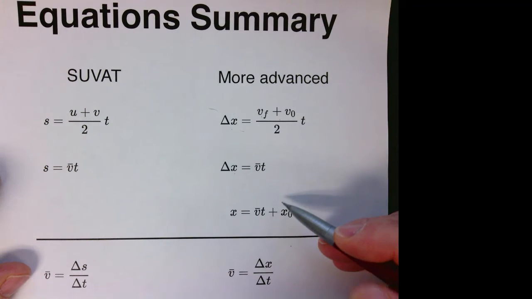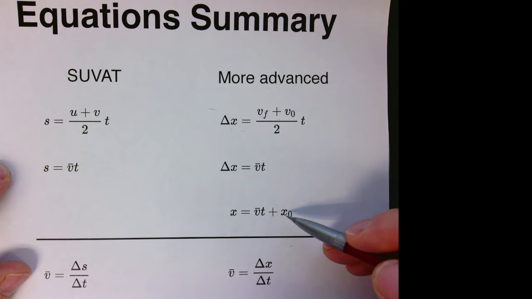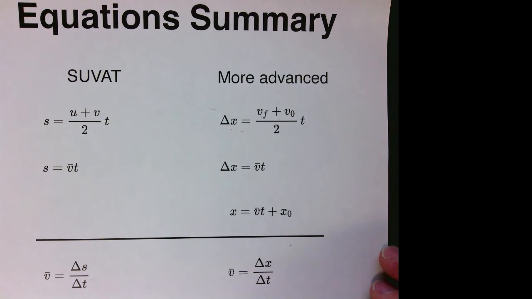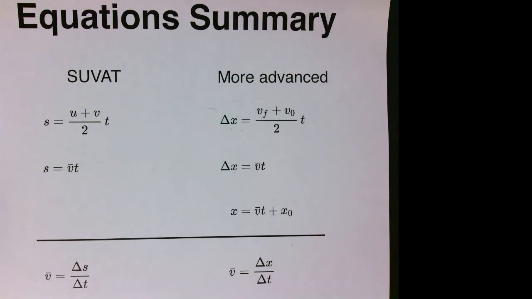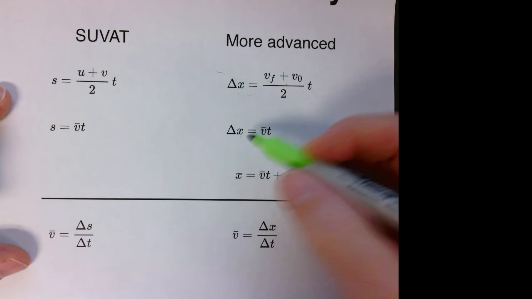We get to position by adding in a correction factor, the initial position. We add that term in, and it gives us the position. To prove that to you, we know and have defined displacement delta x as x minus x0.